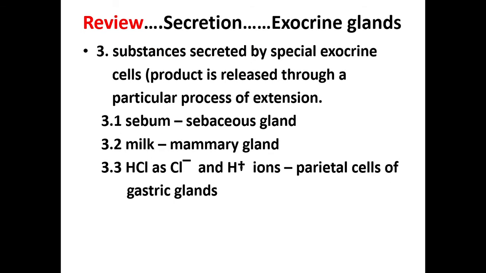Then we also have substances secreted by special exocrine cells, and the product is released through a particular process of extrusion, such as the sebaceous gland secreting sebum, the mammary gland secreting milk, and the parietal cells of the gastric glands secreting hydrochloric acid as chloride and hydrogen ions.